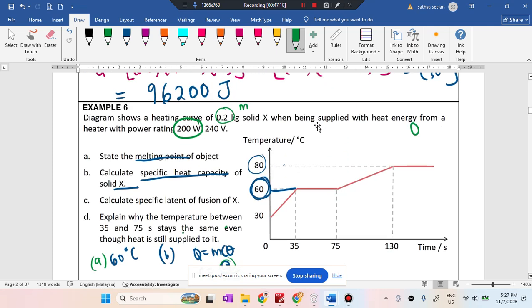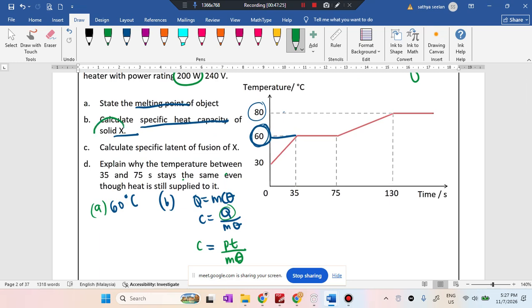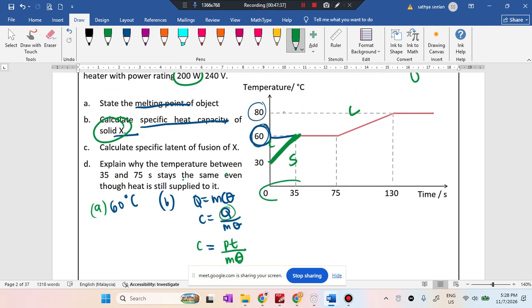Power dia 200. Dan dia cakap untuk solid X kan. Read the question carefully. Solid maksudnya dia nak yang ni sajalah. Betul tak? Ni baru solid, ni liquid. Okay, so just take information from here. The time is what? 35 minute, right? 35 second, right?